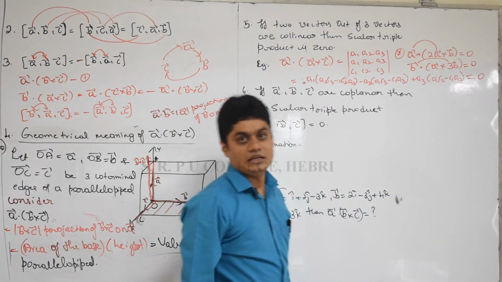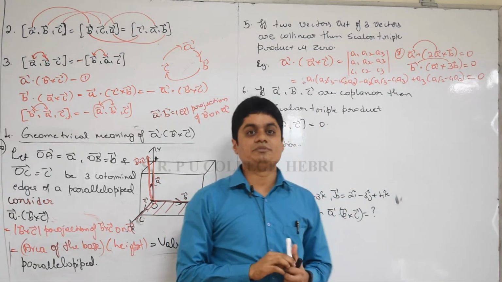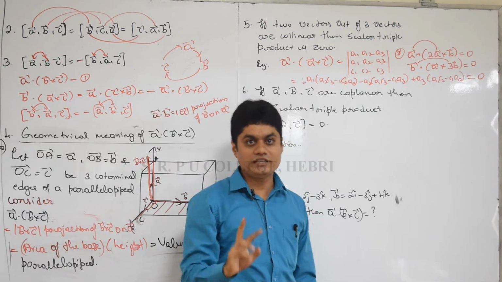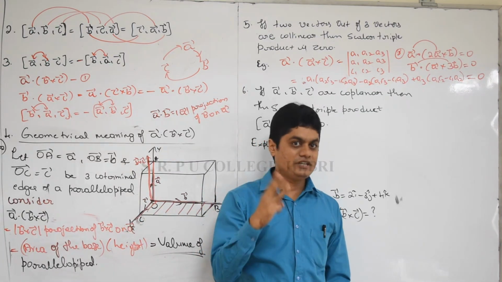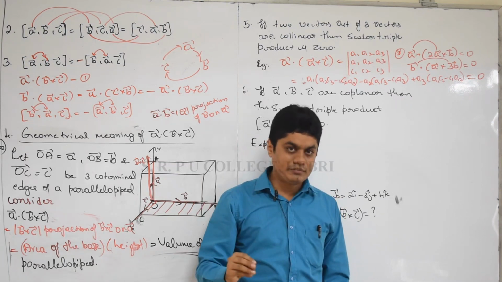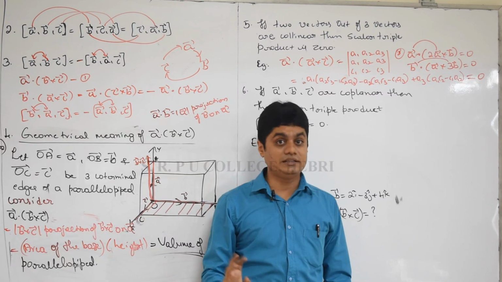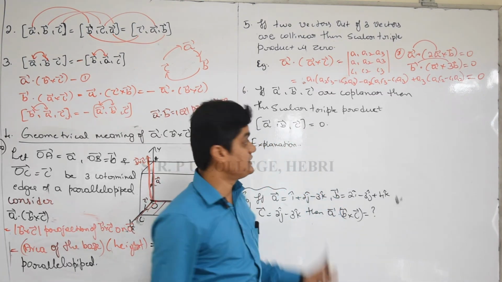The scalar triple product will be 0 when two out of three vectors are collinear, meaning one is a multiple of another. A very, very important result.